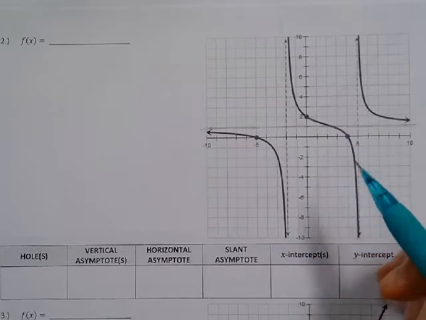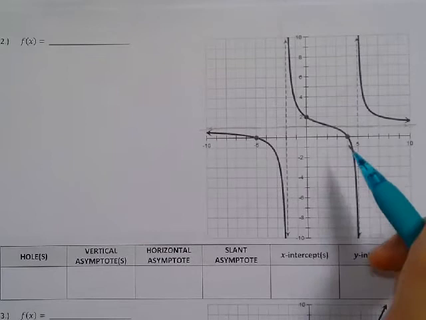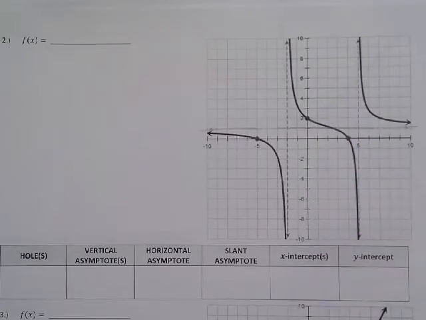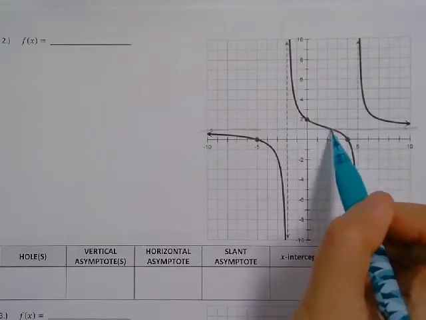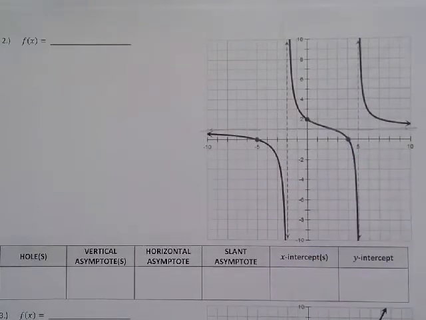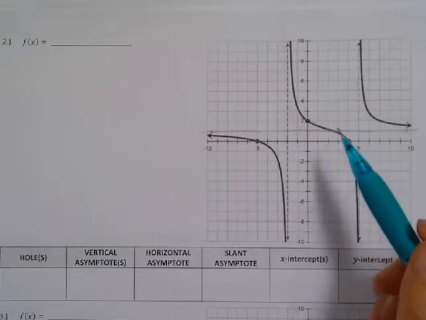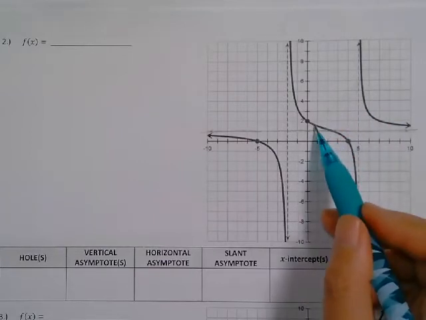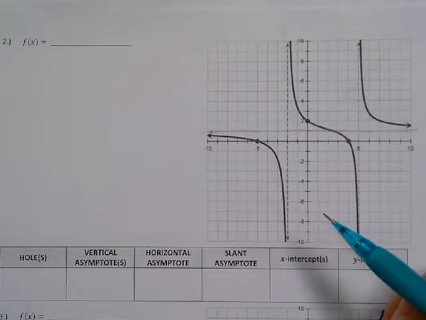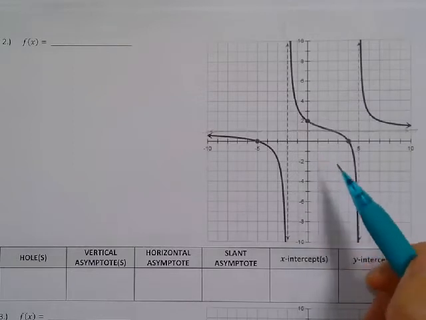So this might cause some question. Wait, we always talked about an asymptote being where your graph cannot become or cross. But how come this one is actually crossing here? So the only exception that you see is that a type of rational function will make their graph pass through their horizontal asymptote sometimes.